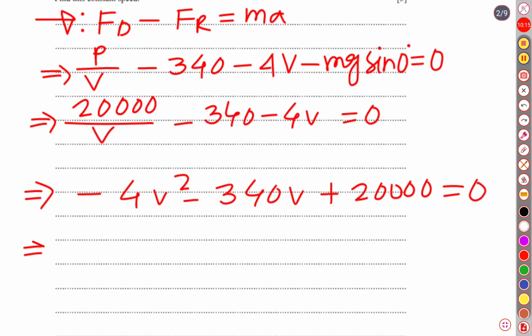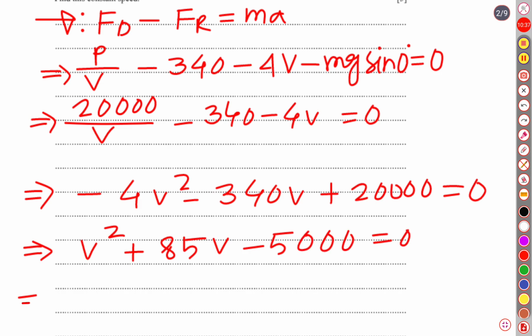If we divide every quantity by negative 4, it is V square plus 85V minus 5,000 is equal to 0, since 4 fives are 20.